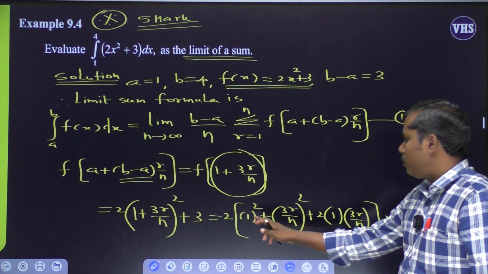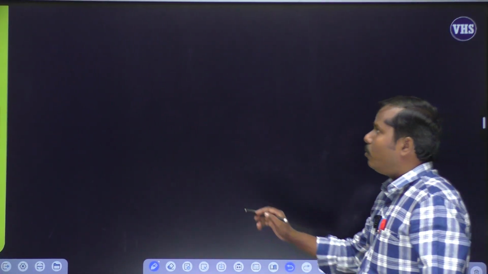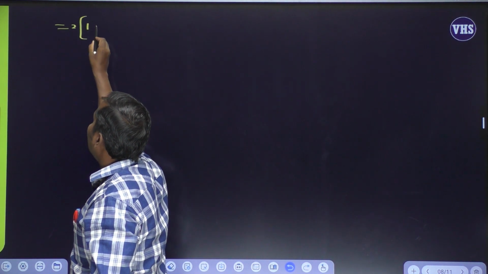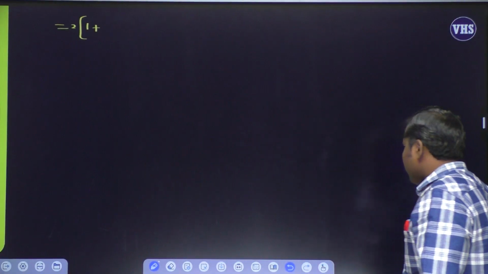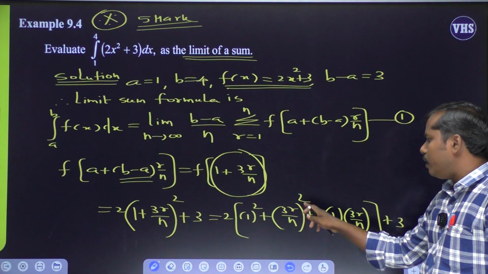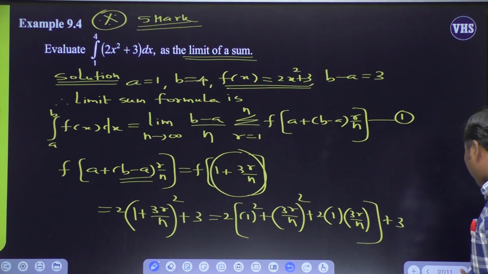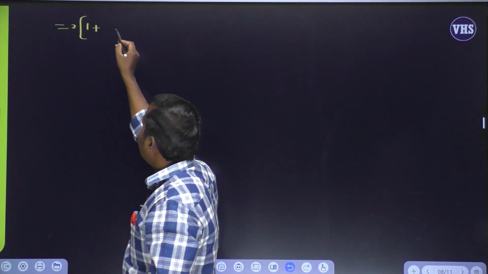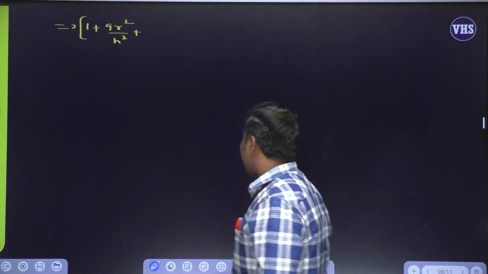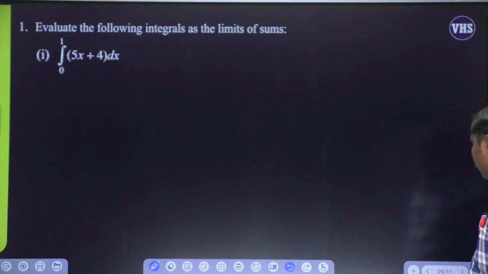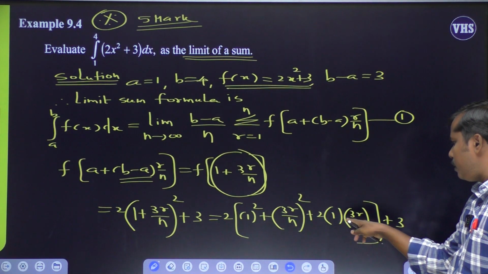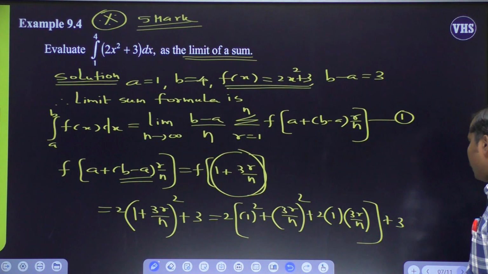2 into 1 square is what? 1. 1 square is 1, plus, what is the next term? 3r by n whole squared. If you insert the square, 9r square by n square will come up, plus, if you multiply these things, 2 3s are 6, 6r by n.